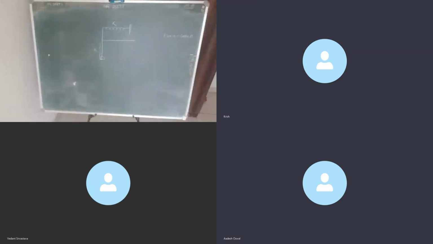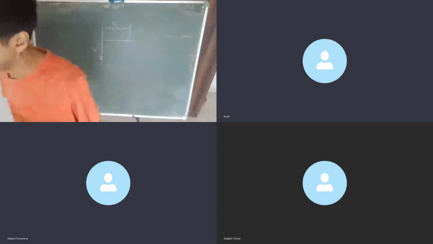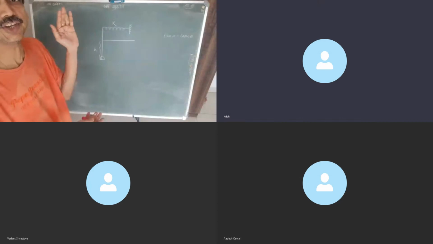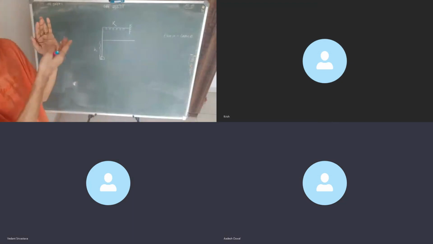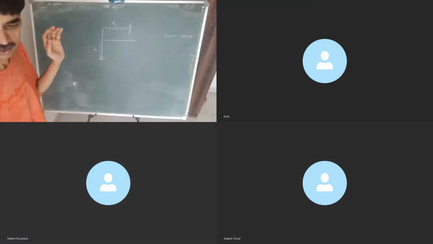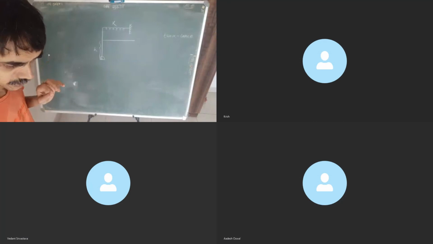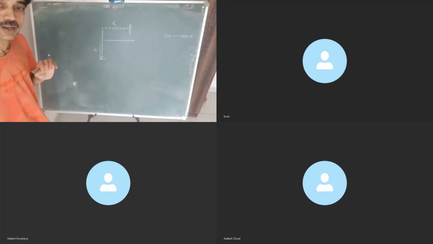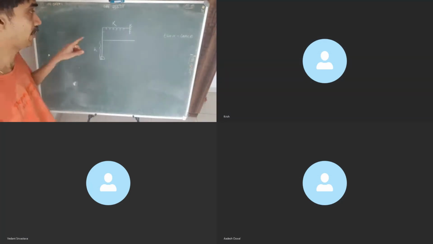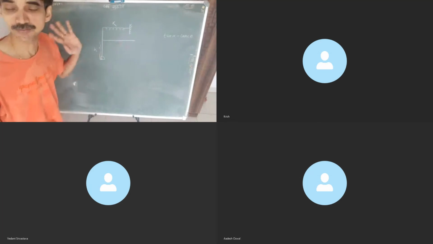Yes or no? The torque that the rod or the wall is subjected to is increasing with the rise of water in it. Correct? Now what will happen?